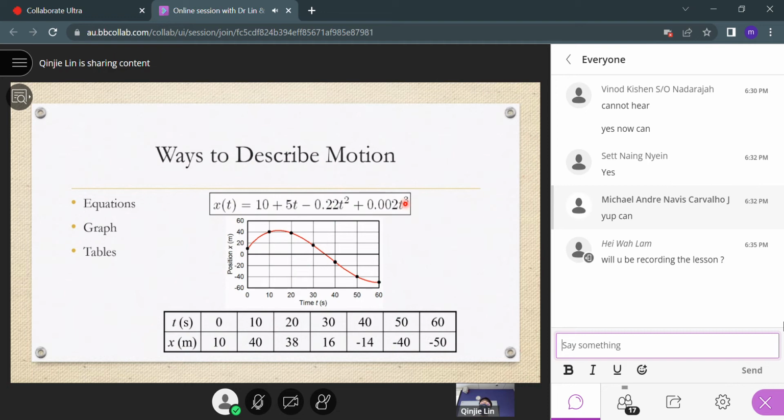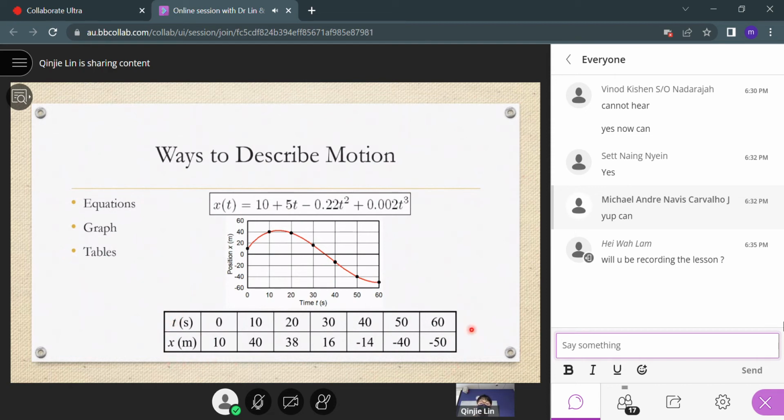So an equation describes the motion of a particle. That's one way. Another way is described using graphs. If you see from this graph, at any point of time, you can tell where this particle is. So at 20, it's currently here. Later at 30, it will be here. So from the graph, you can tell the motion of the particle.